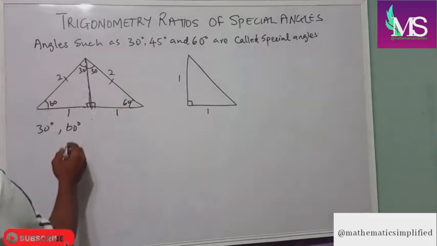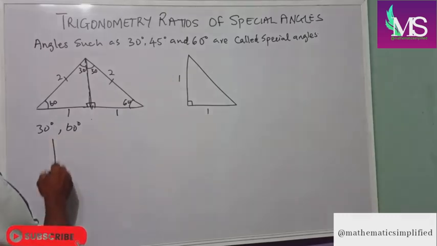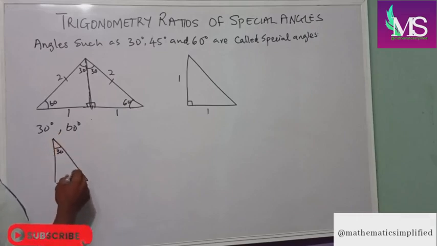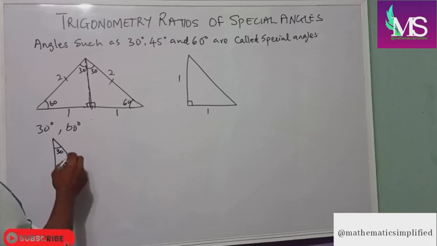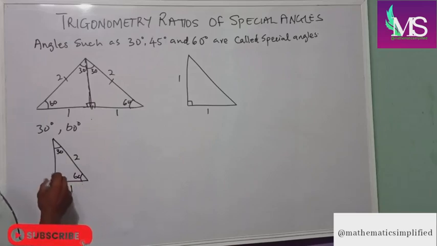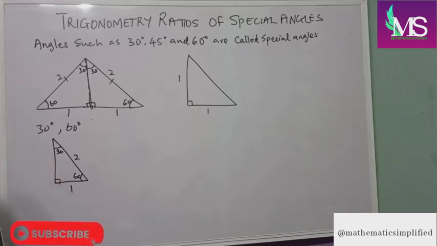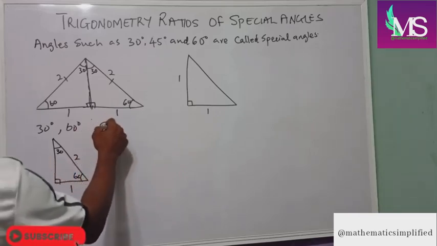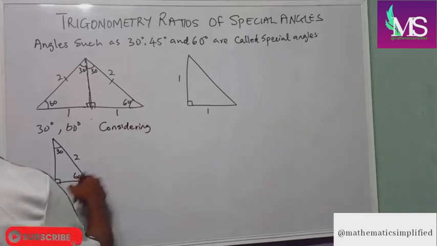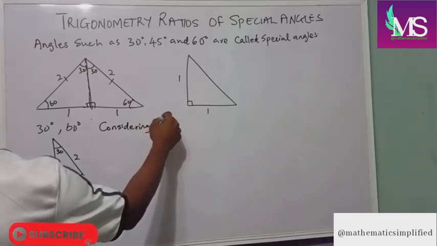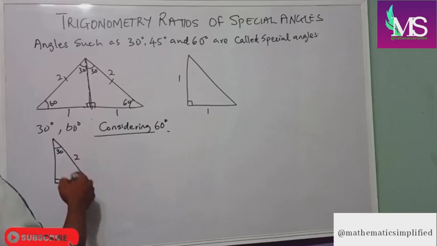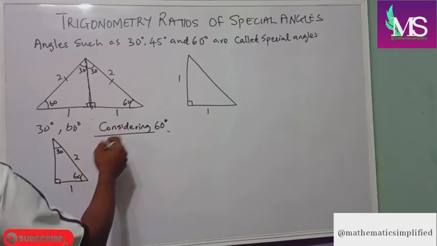Alright, let's draw out a portion of this triangle. If we have a portion of this triangle as this, 30 and 60, this is our hypotenuse, 2. Our adjacent will be 1. Now we can find our opposite. Considering angle 60, we know our SOHCAHTOA.